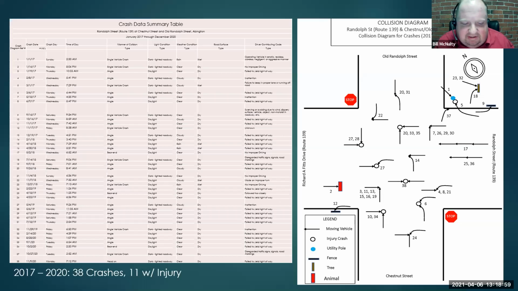That's not surprising. That is the one corner where there are the most severe sightline issues. Speeding is probably a factor. I don't have the bidirectional speed with me, unfortunately. It's just my own knowledge, but serious speeding speeds are probably a little bit higher coming southbound on 139 as opposed to coming north.